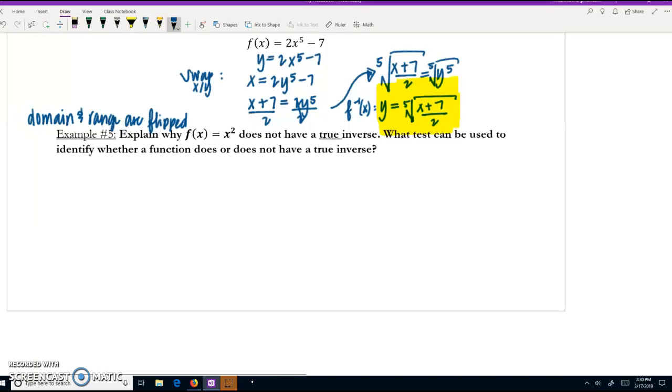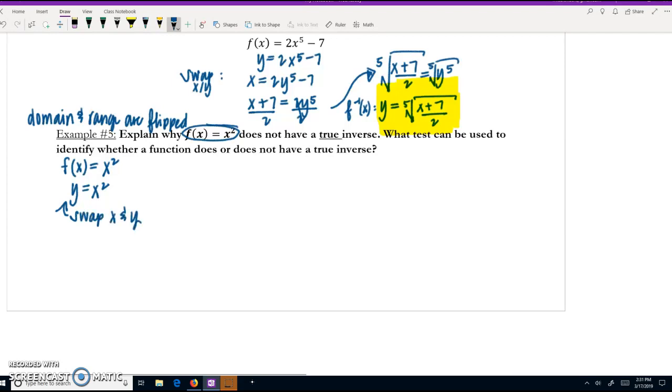And one such function like that is going to be this one here, f of x is equal to x squared. So let's talk about this function. If I have f of x is equal to x squared, I can also write that as y is equal to x squared. So if I want to start finding the inverse, I'm going to swap x and y.